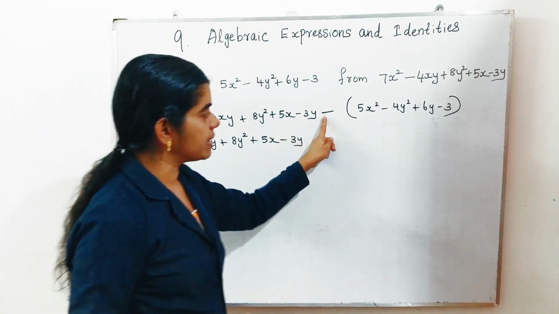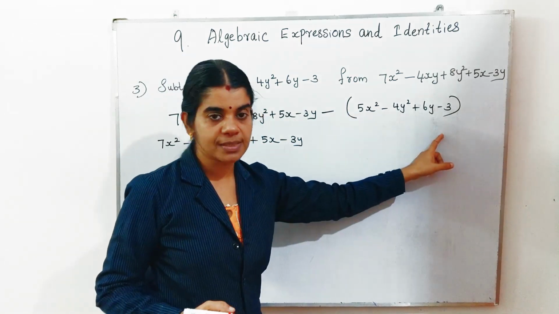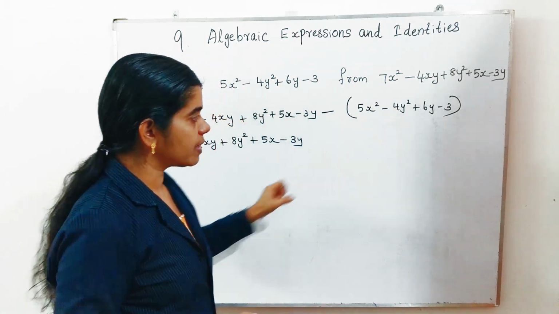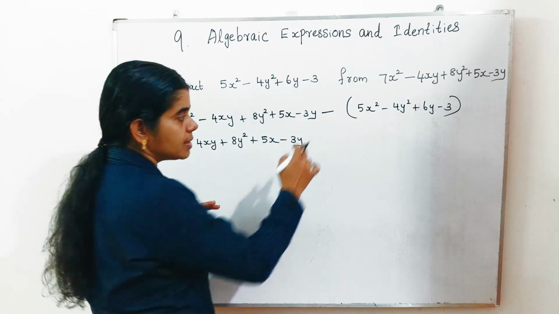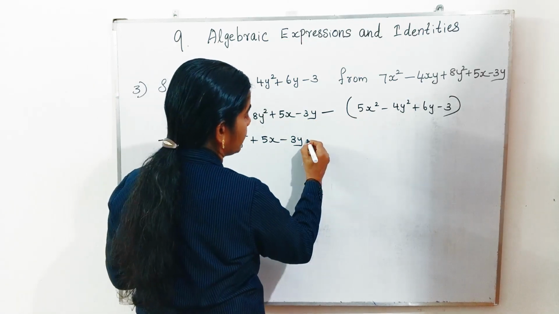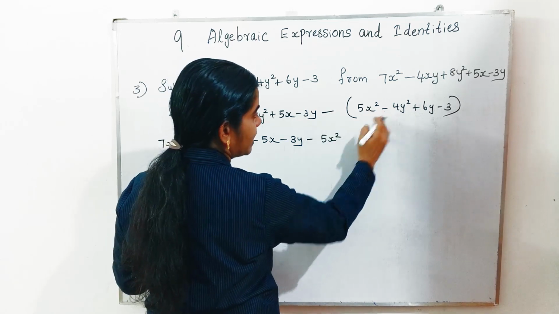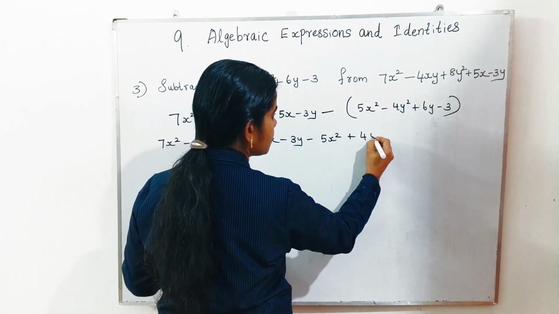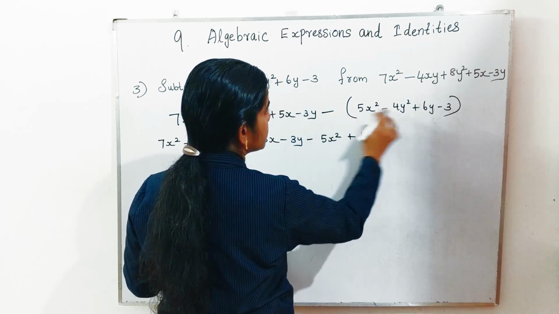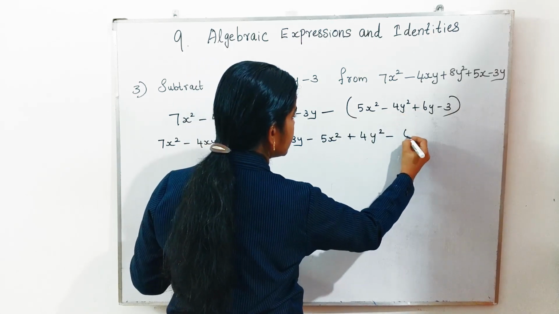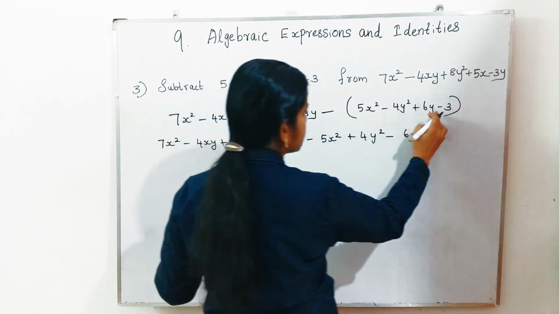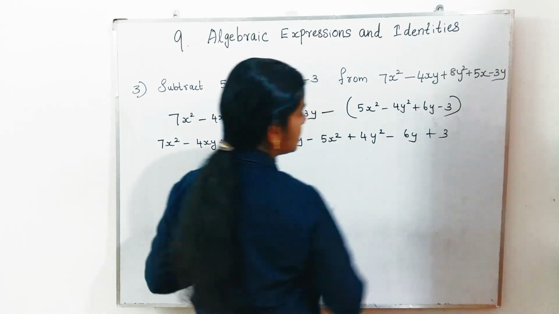Then using this minus you want to multiply all of this. Minus into 5x square, we are opening that bracket. That means minus into 5x square means minus 5x square. Minus into minus, that will become plus 4y square. Minus into plus, again minus 6y. Minus into minus 3 means that will become plus 3.